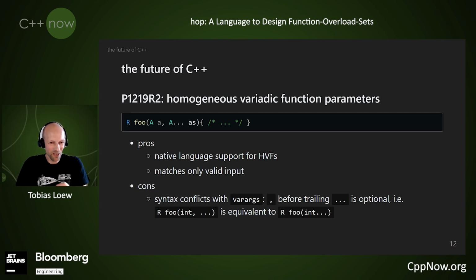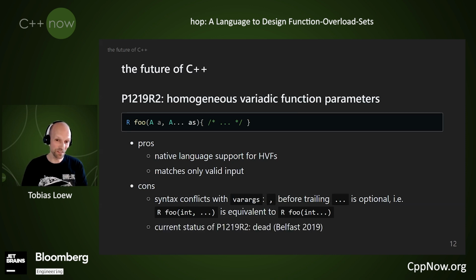So as you see below, these two functions, foo with an int, comma, ... is the same as writing foo, int, and just ... This is also a var arg function, which is not true for C. For C, only the left-hand side is valid, but C++ also allows the form on the right side. And therefore, the current status of this proposal is simply dead. In Belfast in 2019, it didn't get enough votes to move on.